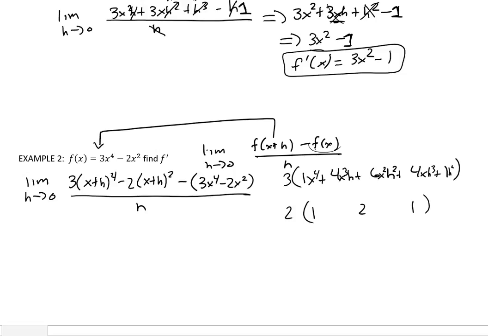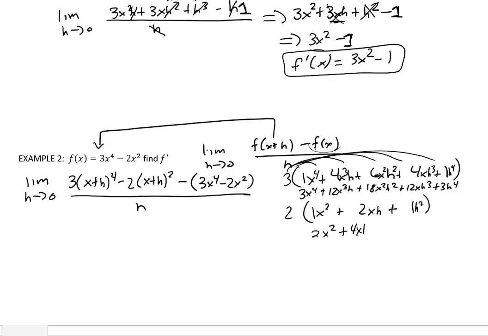So it'd be x squared plus 2x, and then we bring the h in, plus h squared. So this would be 3x to the fourth plus 12x cubed h plus 18x squared h squared plus 12x h cubed plus 3h to the fourth. That would be distributing that 3 to all of those. Here if we distribute the 2, it would be 2x squared plus 4xh plus 2h squared.